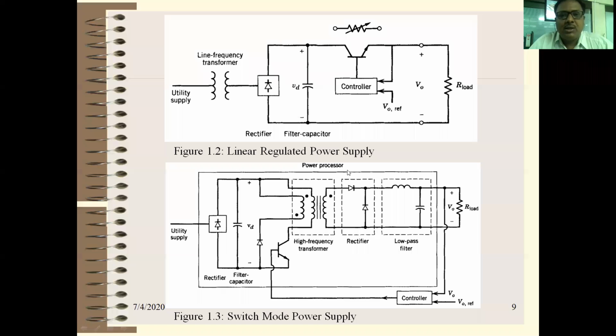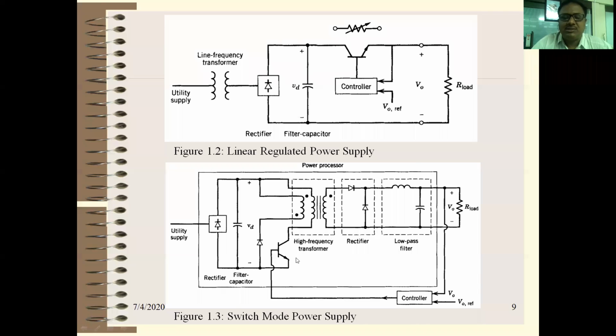Okay, it's all right. So this transistor is used here in saturation or in the cutoff region. So what happens exactly? This DC voltage is given, that is the unregulated DC voltage after filtering. This is given to the primary of a transformer, and this transistor is turned on and off with the help of this controller.